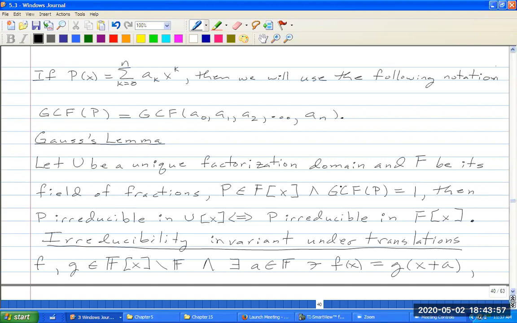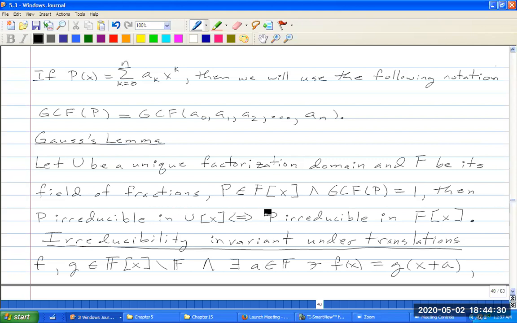Oh, okay. So in general, if p of x is some polynomial, then the greatest common factor of p means the greatest common factor of the coefficients of p. So Gauss's lemma says: let U be a unique factorization domain and F be its field of fractions.